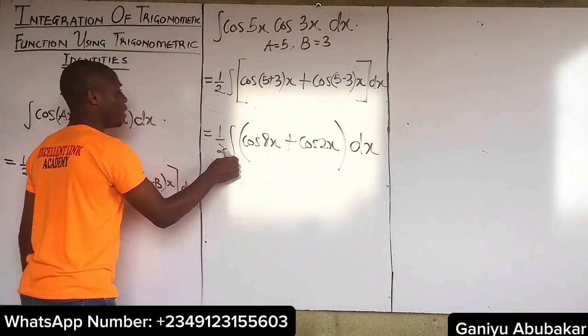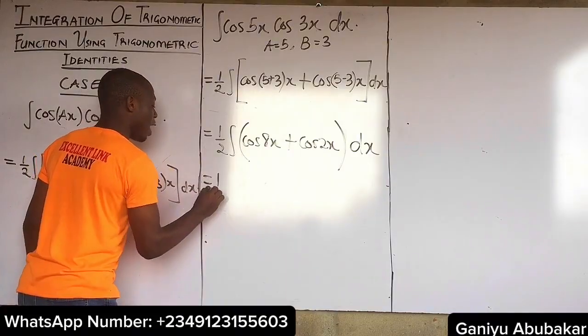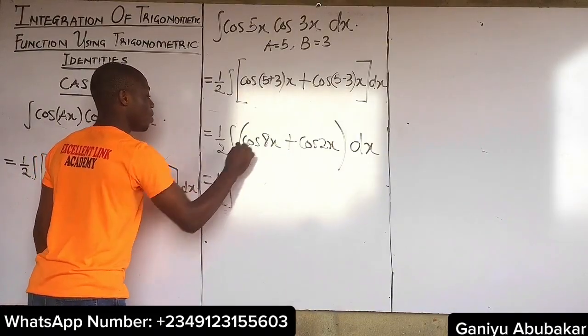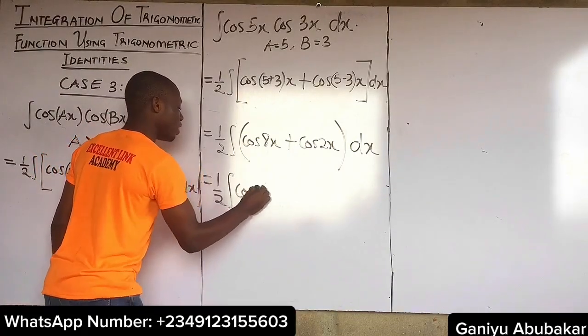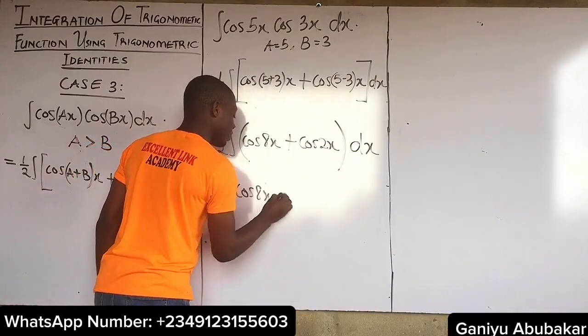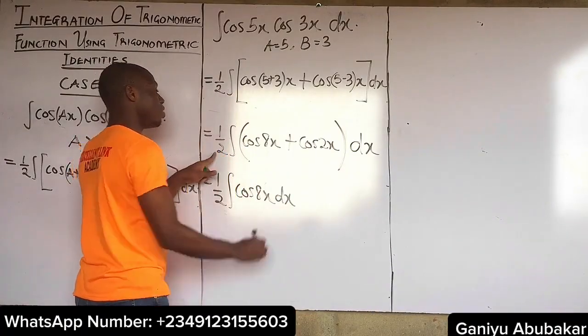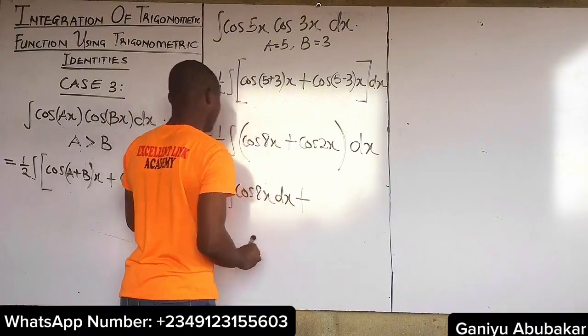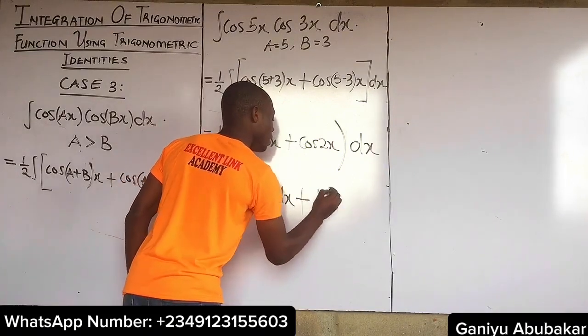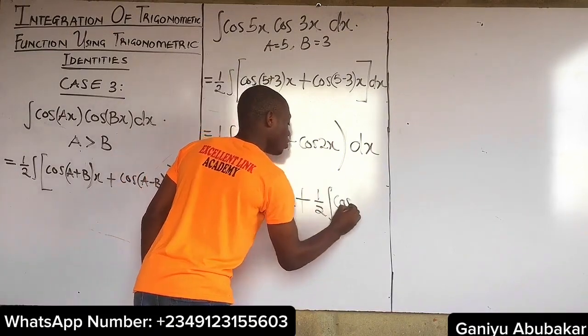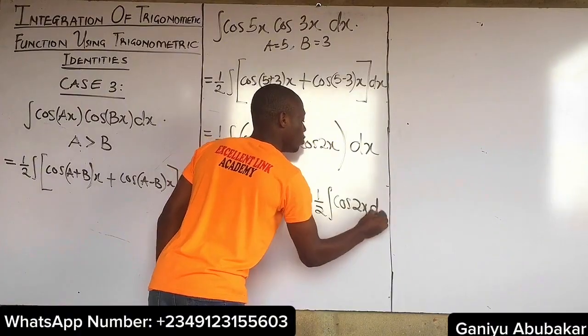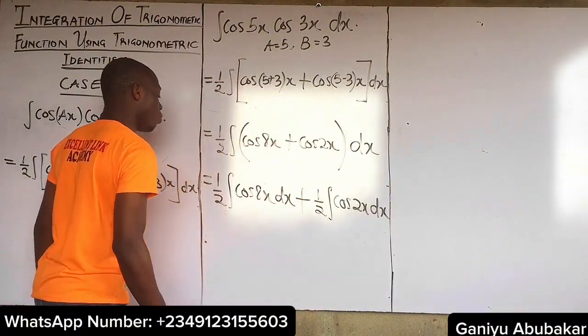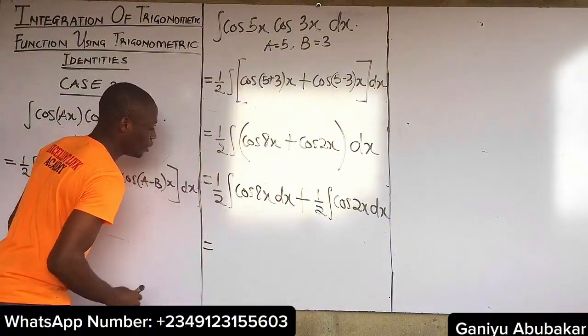What's the next part at this point? Pick out this one here, multiply with this half integral, multiply with this cos 8x, attach the dx, I'm done. Plus this half integral cos 2x dx. What's your procedure here?